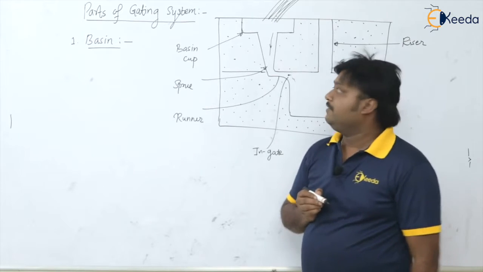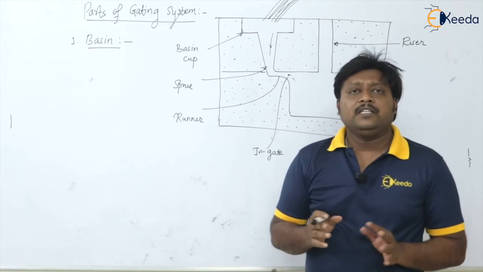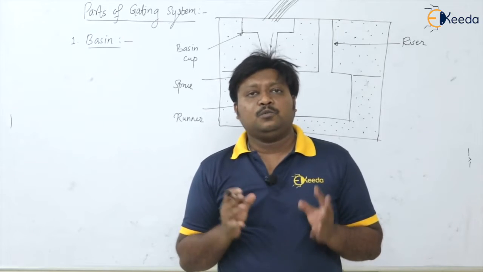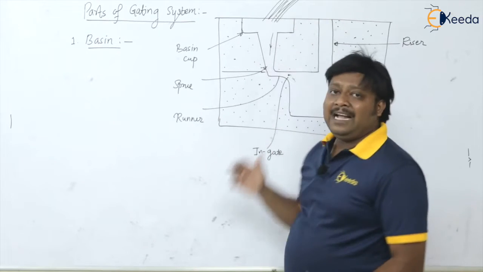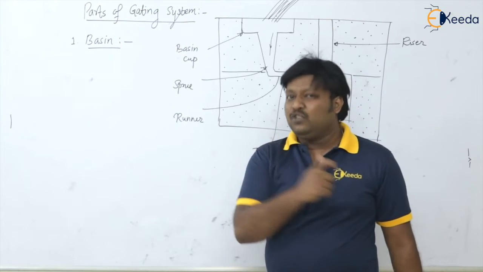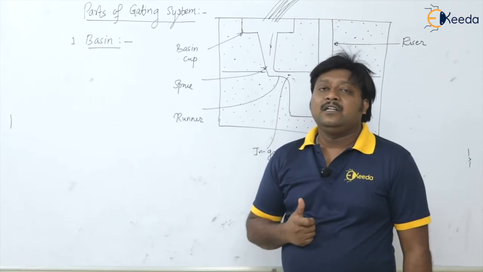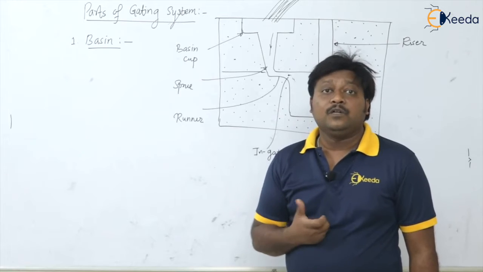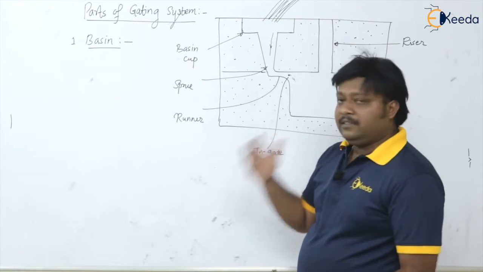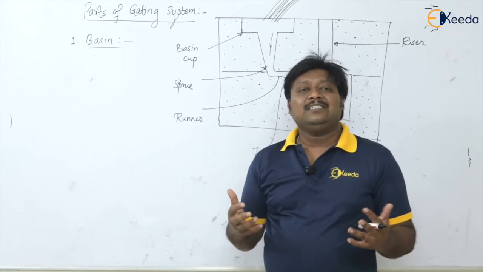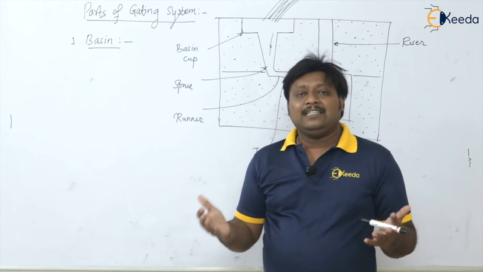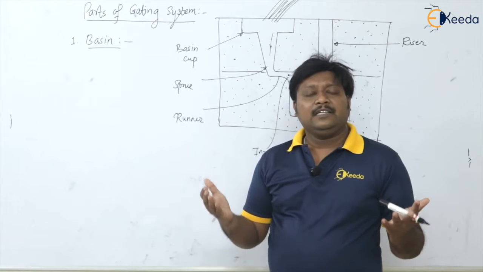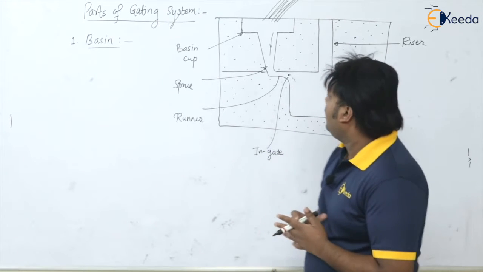Basically this basin reduces the momentum of the molten metal and ultimately the turbulence caused by the liquid molten metal. So definitely when the turbulence is less, the dross formation or slag formation, which are nothing but the lighter impurities, are less.